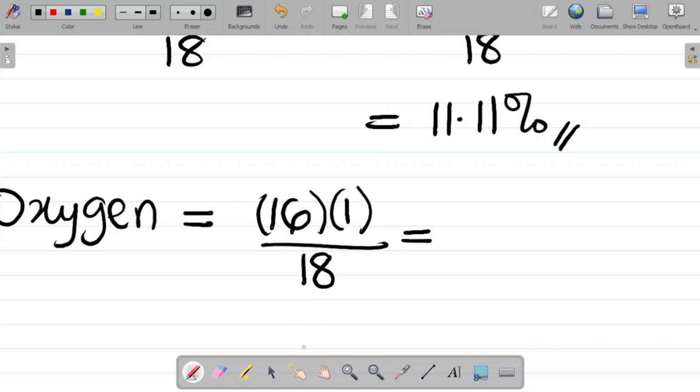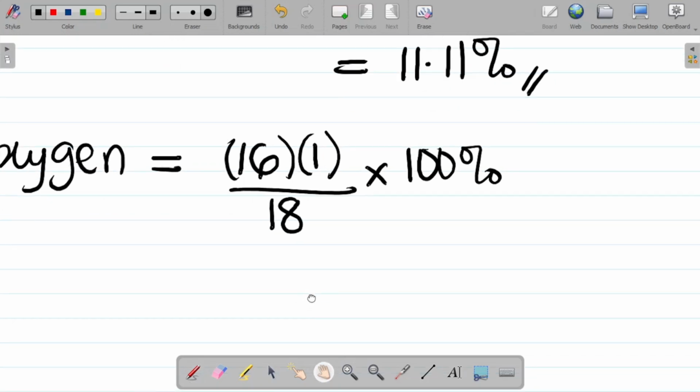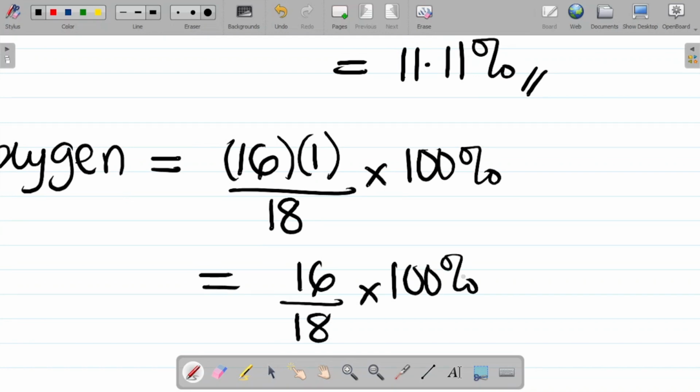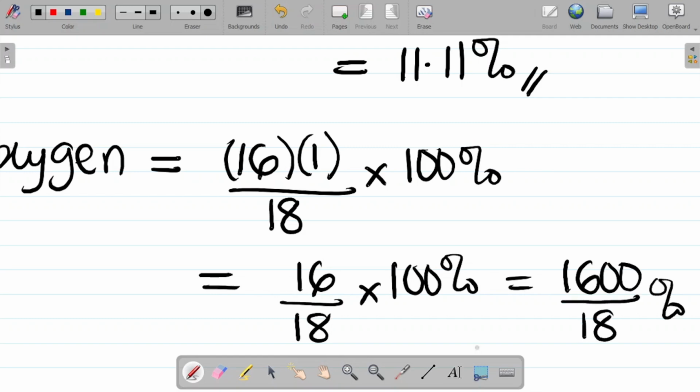Of course, this times 100%. So this is equal to 16 times 1 gives you 16, all over 18, times 100%. If I multiply 16 by 100, that gives you 1600 all over 18, percent.